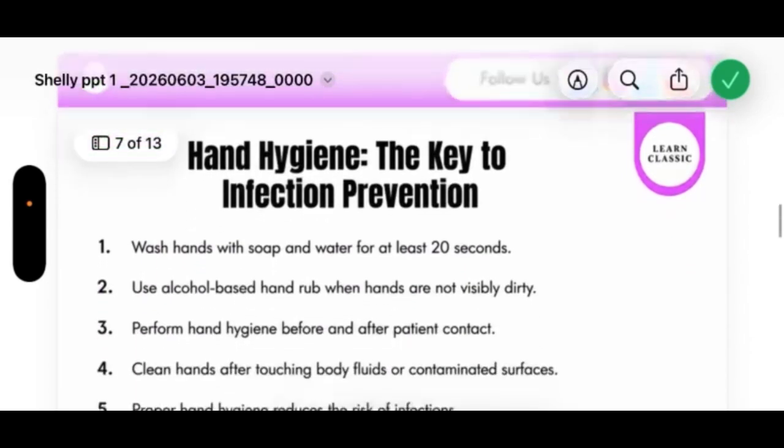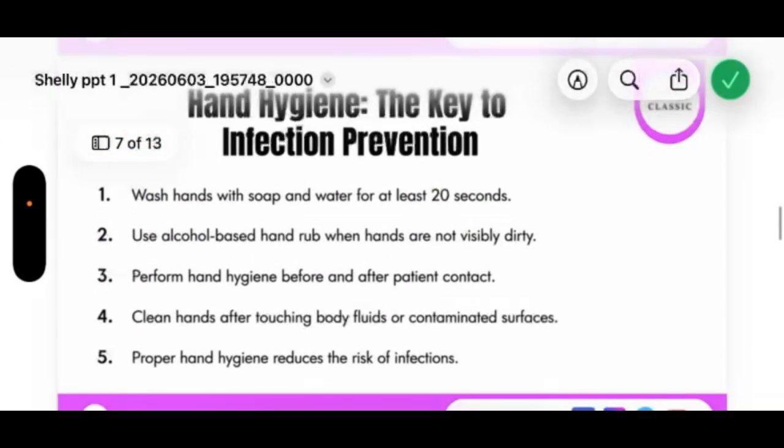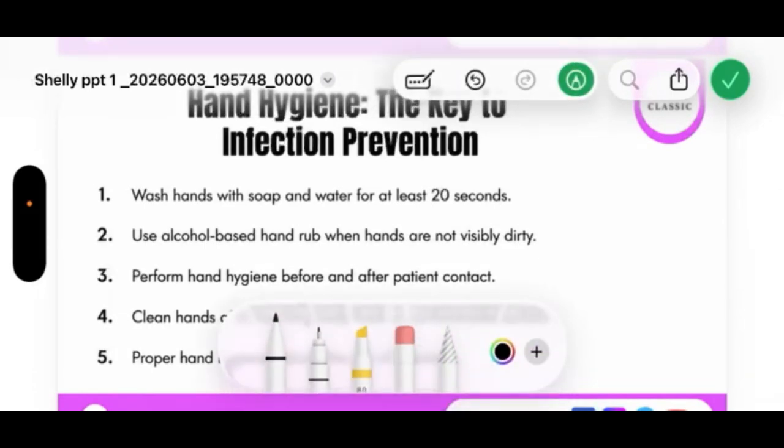Next, coming to hand hygiene, the key to infection prevention. The basic procedure which we learn from the first day of our course is hand hygiene, or hand washing. How do we do it? Wash hands with soap and water for at least 20 seconds. This is very important.